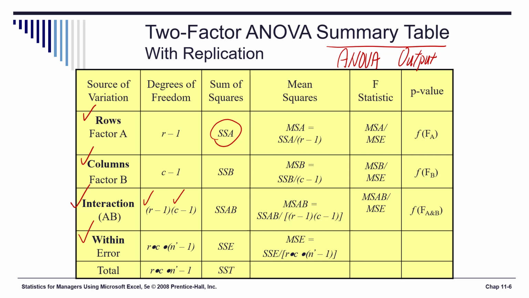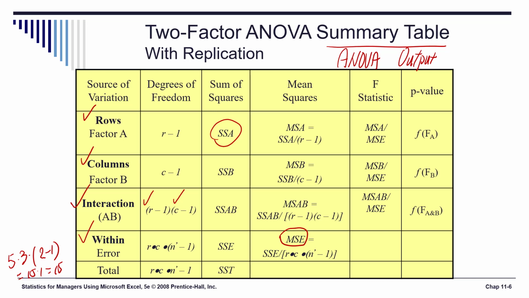And then also we're going to get mean of square error by dividing sum of square error by the degree of freedom. Degree of freedom for error will be R times C times M prime minus 1. Okay. So in that example, that will be 5 rows, 3 columns, and then number of replication will be 2 minus 1, so it will be 15 times 1, degree of freedom will be 15.